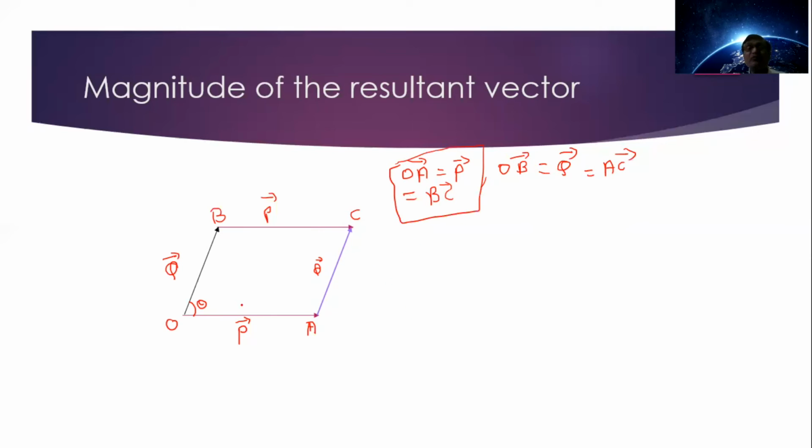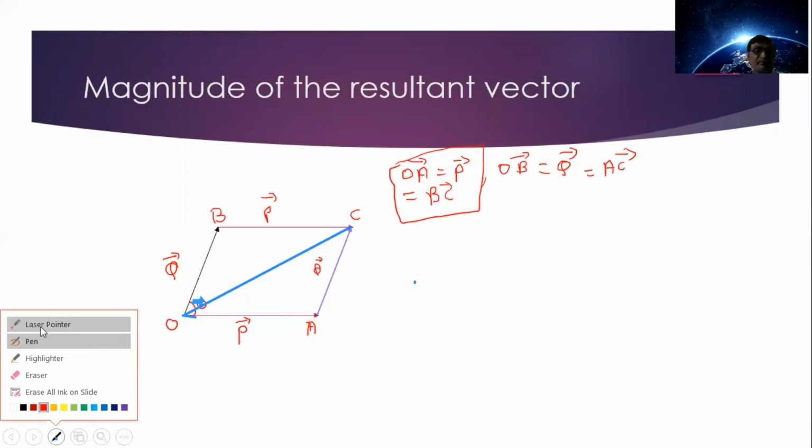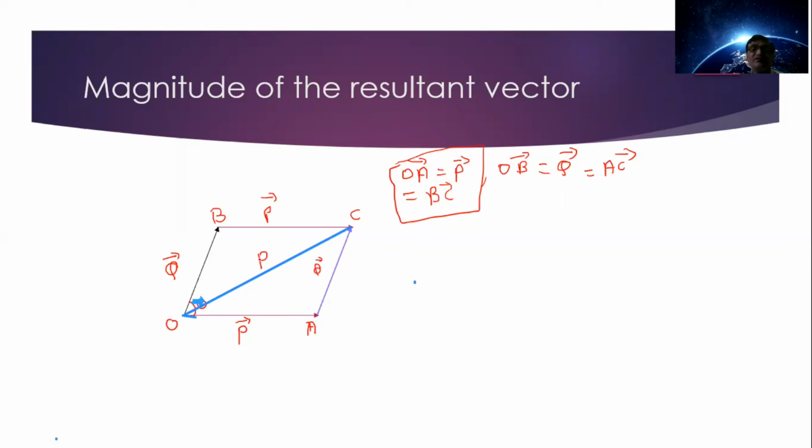Now we have to show the resultant vector R. This is the resultant vector R. That is, we write P vector plus Q vector is equal to R vector.